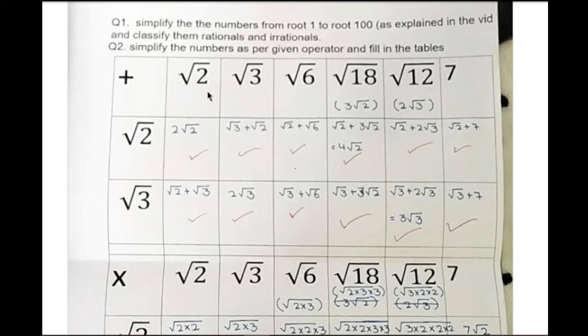So in a way you can say the true value is unknown. That's why they are considered as literals. And so the best way to add them is like x plus x is 2x. So root 2 plus root 2 is 2 root 2. Now root 2 and root 3 is x plus y. So this is the answer.